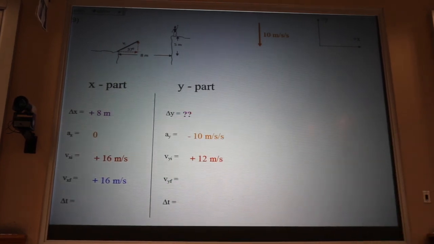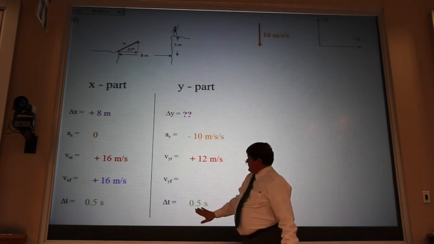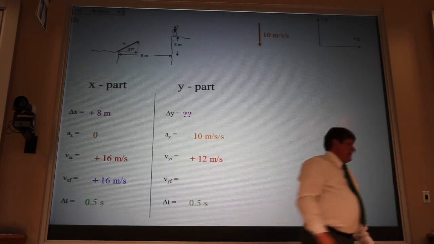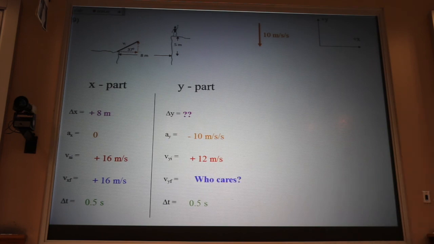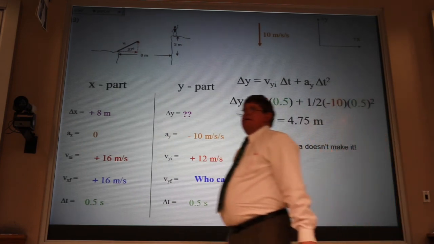Well, that would be a half a second. And so now, I solve for delta y, given that the time is a half second, and what I get when I solve that is 4.75 meters. If it were 5 meters, it would just barely make it.